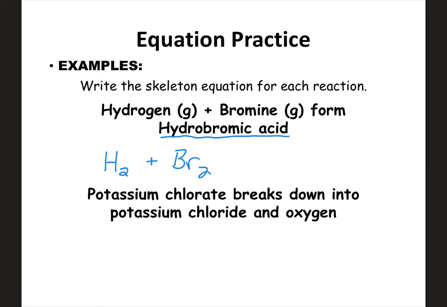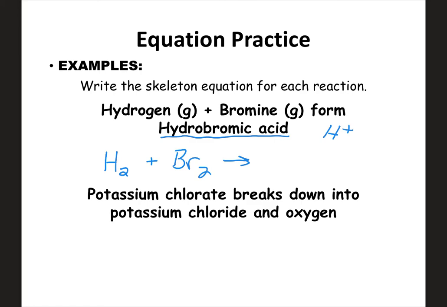We don't need to pay attention to the G. We're not worried about the state here. But this is saying that these guys are going to form hydrobromic acid. So if you remember your acid naming rules, this one is hydro root ic. So that would be rule 1. This hydrogen is going to be attached to something that ends in "ide." So if I write this over here real quick, I know I'm going to have hydrogen because it's an acid. So I immediately write H plus.